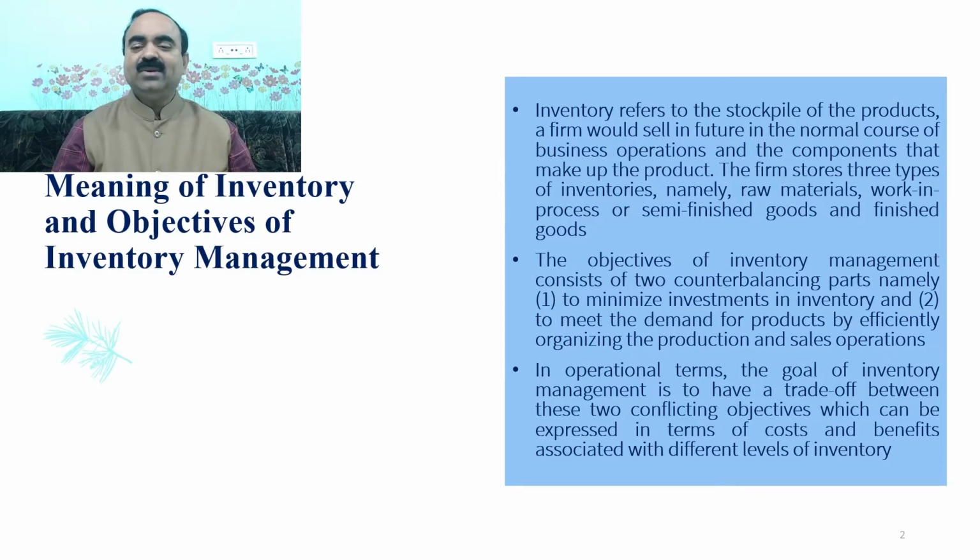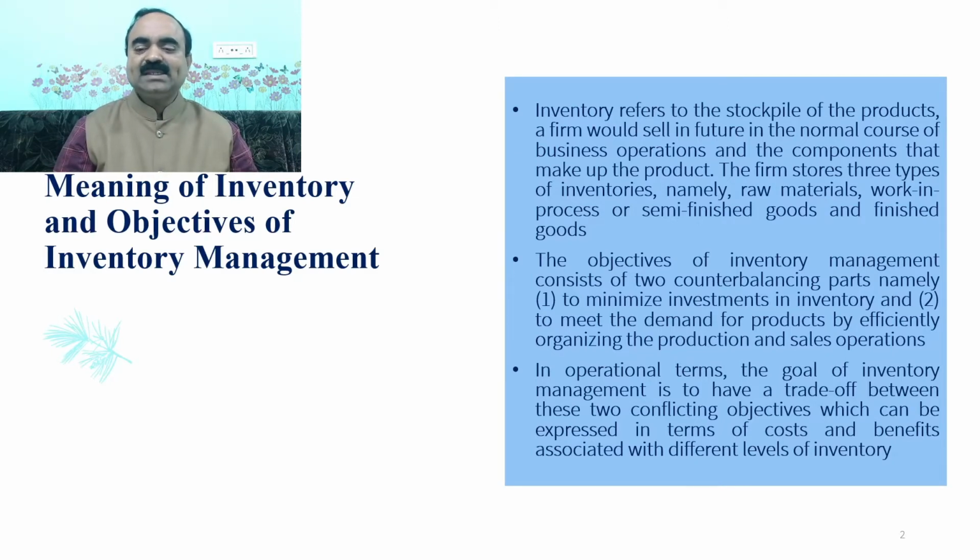The objectives of inventory management consist of two counterbalancing parts, namely 1. To minimize investments in inventory, and 2. To meet the demand for products by efficiently organizing the production and sales operations.